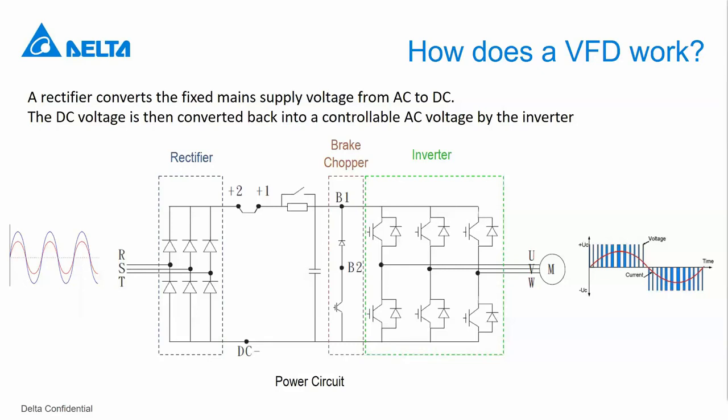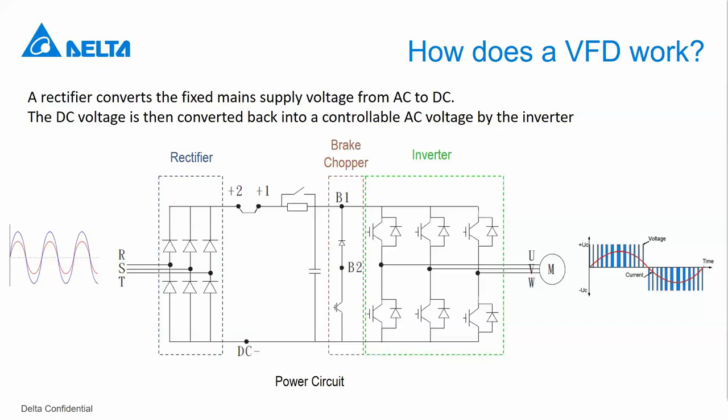So it's not totally correct to refer to the whole drive as an inverter. But okay, you have the rectifier on the input, which converts the fixed mains supply voltage from AC to DC. Then the DC voltage is converted into a controllable AC voltage with the help of the inverter.